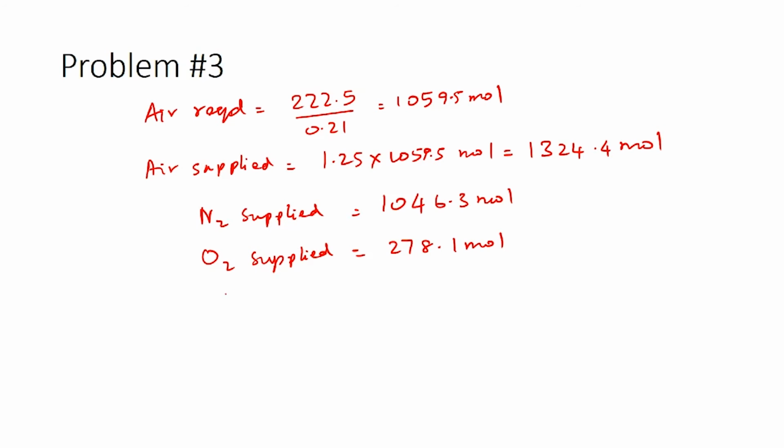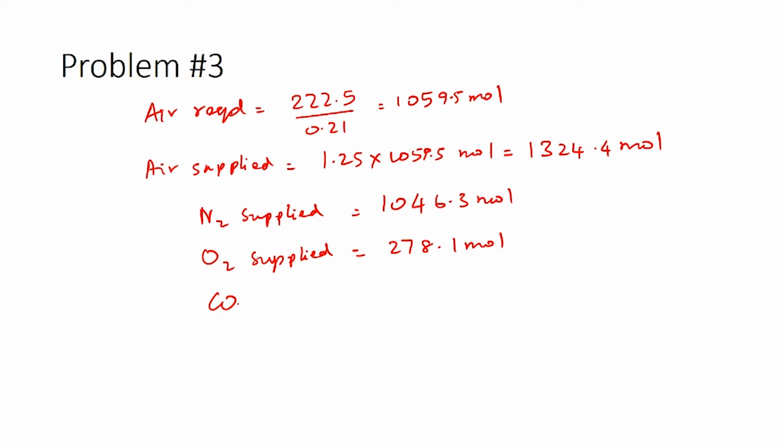The stack gas composition would not just contain oxygen and nitrogen, it would also contain carbon dioxide and water vapor. We have also been told that the reaction goes to completion, which means none of the hydrocarbons are actually present in the stack gas.